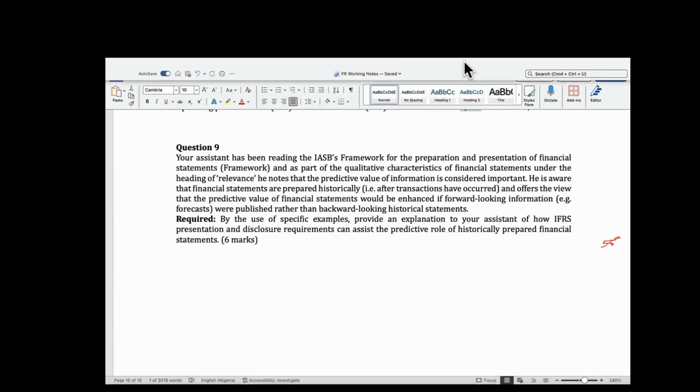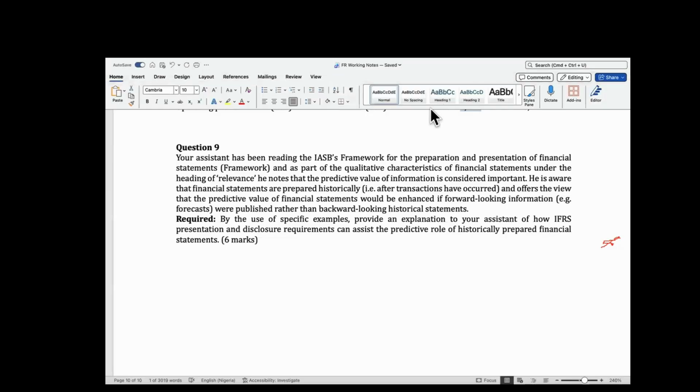Another one is where we have diluted EPS. IAS 1 and IFRS 18 require that an entity that is a listed company should present diluted EPS.